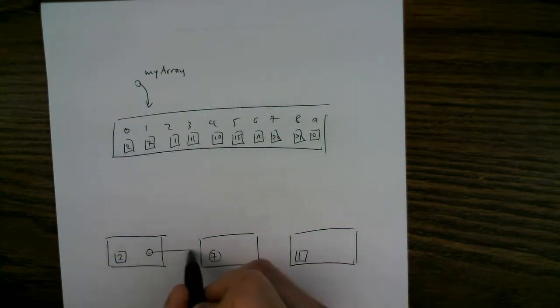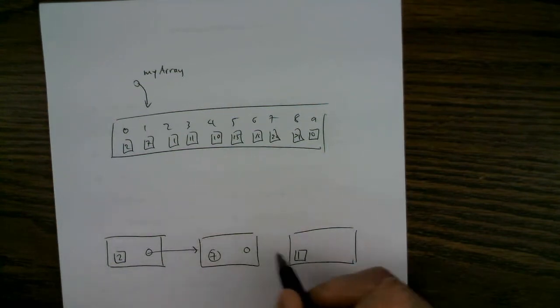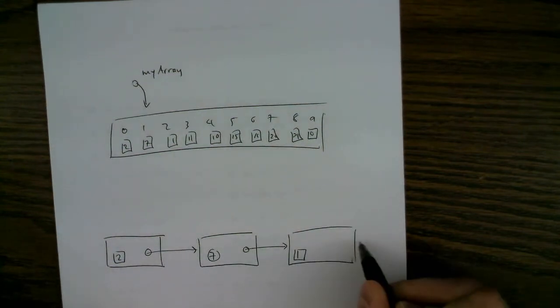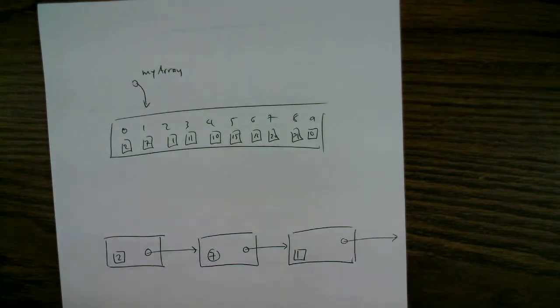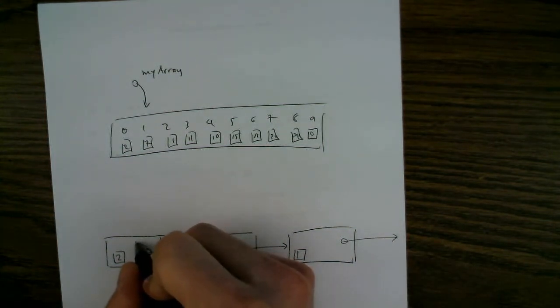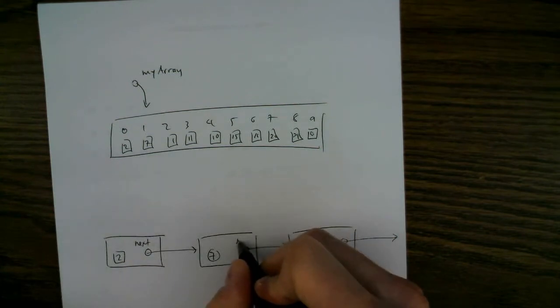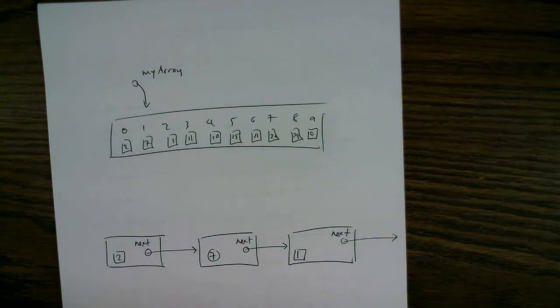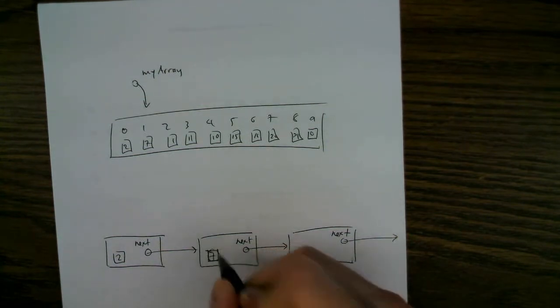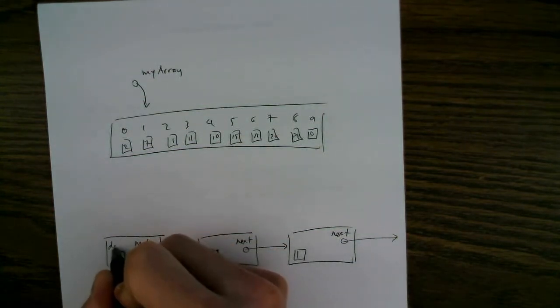And the list is connected by references. Okay, so object references that we use in Java. So we have this object and it has a field called next, and that object reference points to the next node. Okay, and in each node we have data.